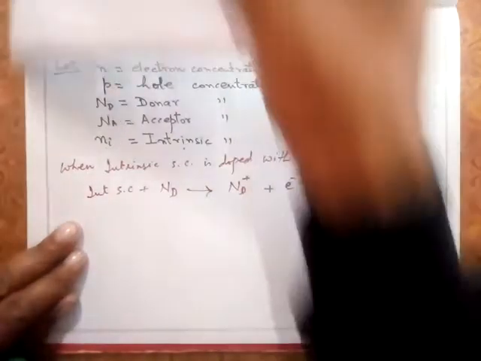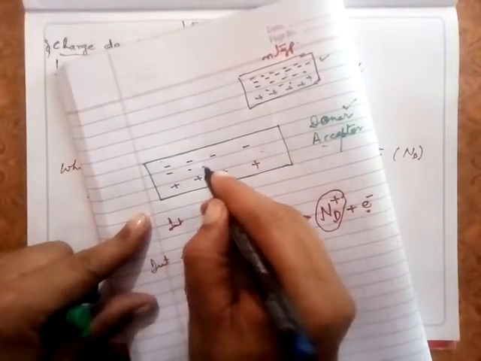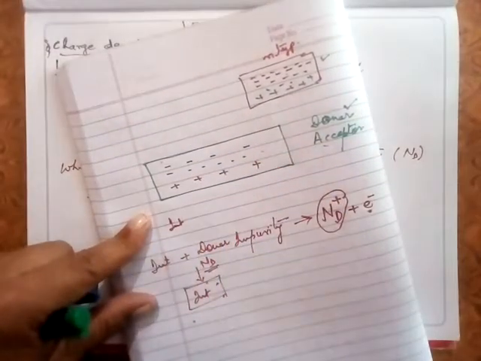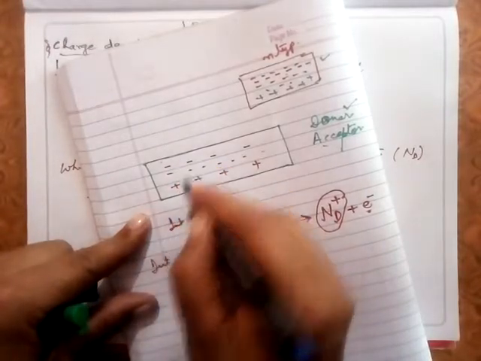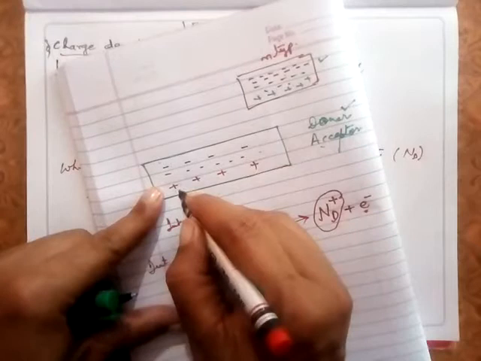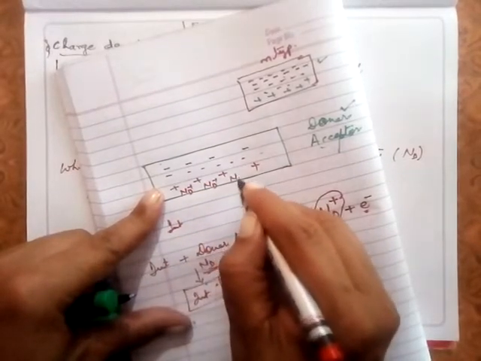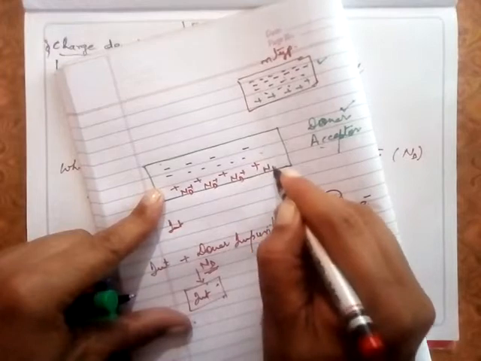So it is very clear that here you will have a large number of electrons, along with the positive donor ions. You'll have Nd positive ions. So this is what happens.